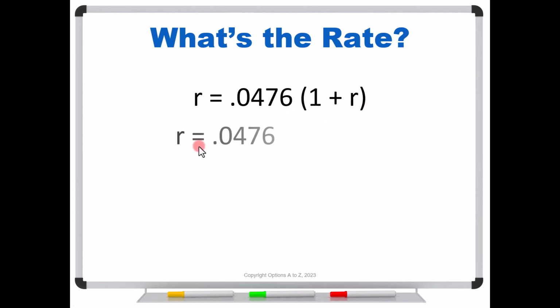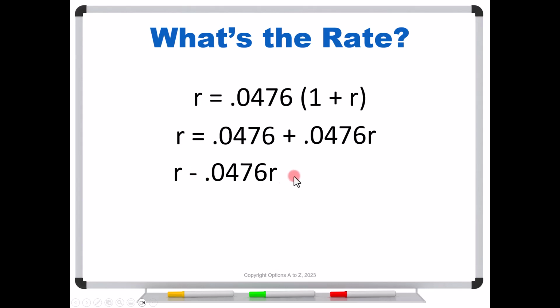So let's do that. We've got r equals 0.0476. That's multiplying these two terms. And we add it to 0.0476 times r. That's just multiplying those two together. What do we have now? Let's get all of our r's together. We have an r over here. That is assumed to be a 1. If there's not a number in front of it, it's just a full r. It's 1r. We'll subtract off 0.0476r.